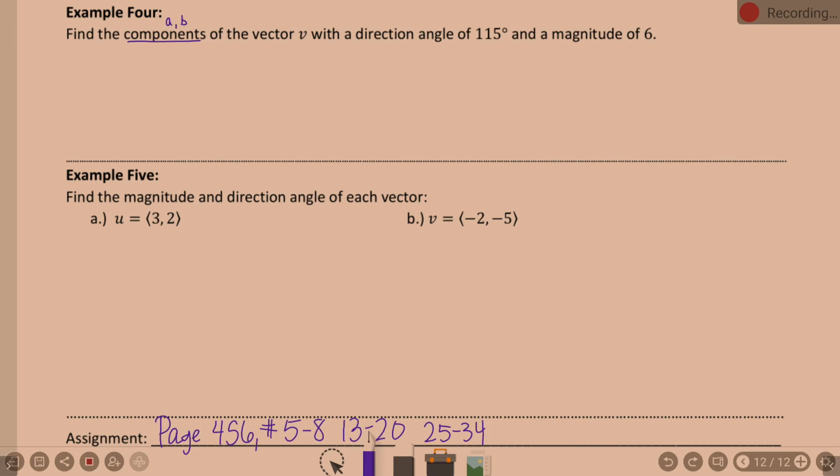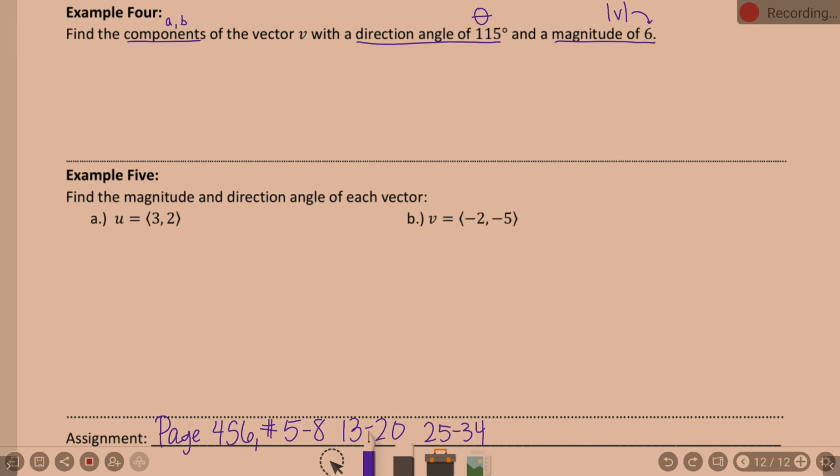What is that? That's theta, yes? It's an angle. That's going to go in for theta. And a magnitude of 6. What does a magnitude of 6 mean? The absolute value of v, the length.